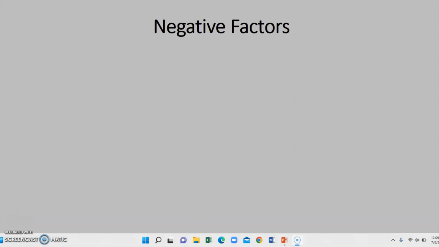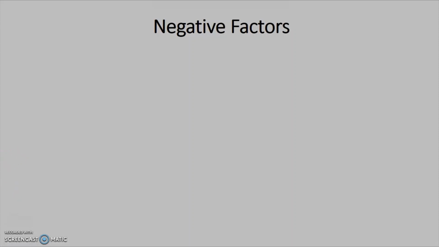Now let's explain the negative factors influencing geographical mobility of labor. We have the cost of moving. With the negative factors, that is the factors that hinder a labor from moving from one place to another. The first is the cost of moving.